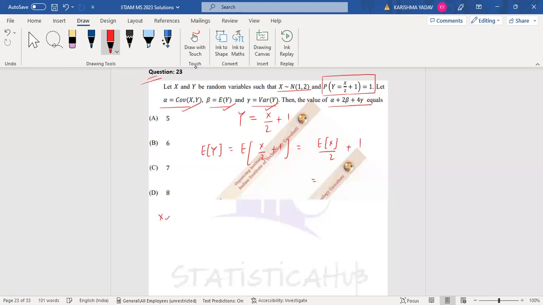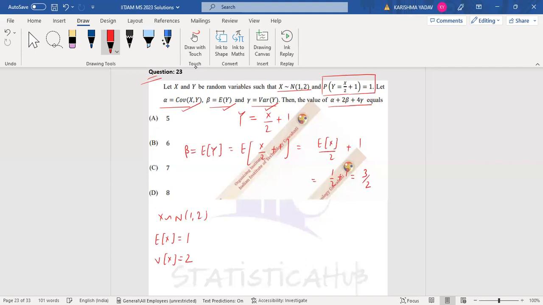X is following Normal(1, 2), so expectation of X is equal to 1 and variance of X is equal to 2. So expectation of Y is 1 by 2 plus 1, which is 3 by 2. So I got expectation of Y, which is my beta, as 3 by 2.